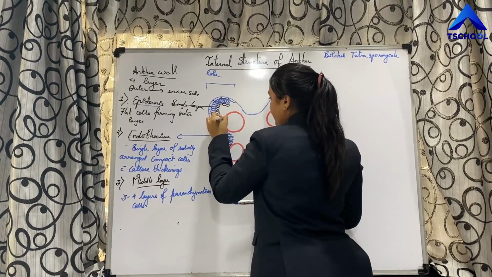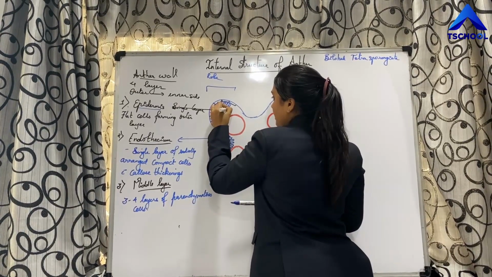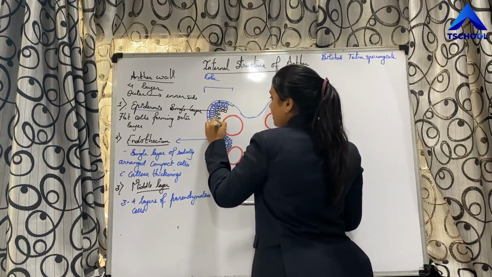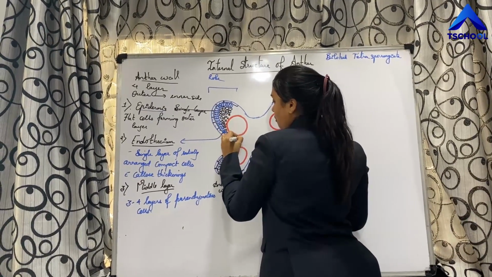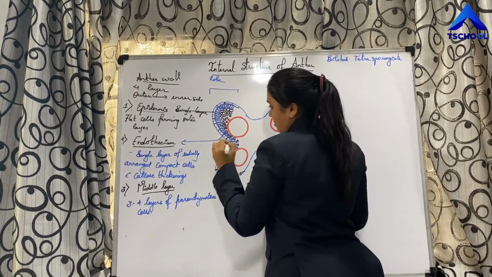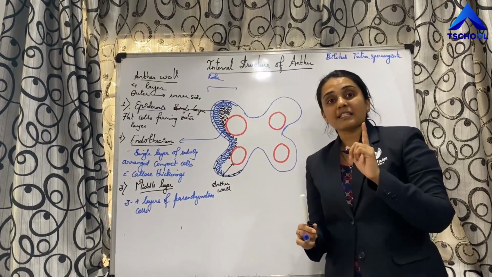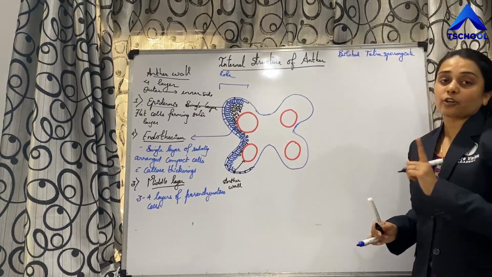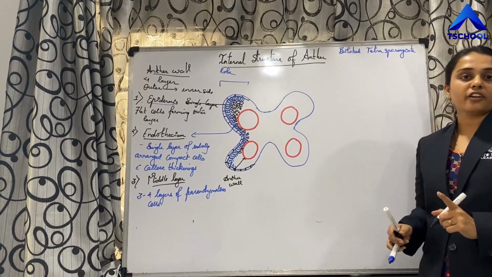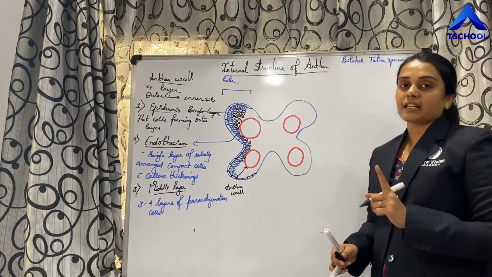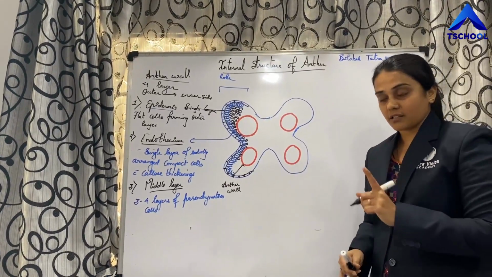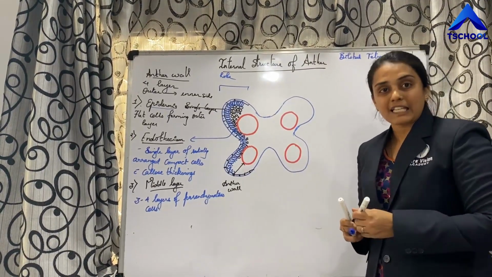This third layer consists of the middle layer, and this middle layer is made up of 3 to 4 layers of parenchymatous cells. So epidermis is a single layer of cells, endothecium is also a single layer of cells, whereas the third layer, that is the middle layer, consists of 3 to 4 layers of parenchymatous cells.